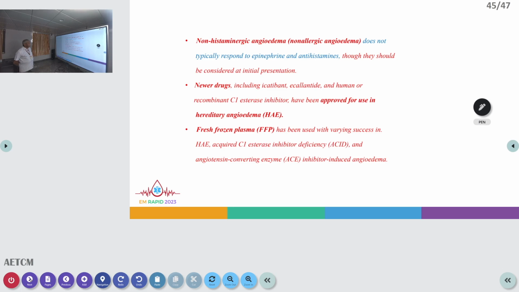There are certain newly FDA-approved drugs which are more useful in hereditary angioedema, and the role of fresh frozen plasma has varying success in hereditary angioedema, acquired C1 esterase inhibitor deficiency, and ACE inhibitor induced angioedema.